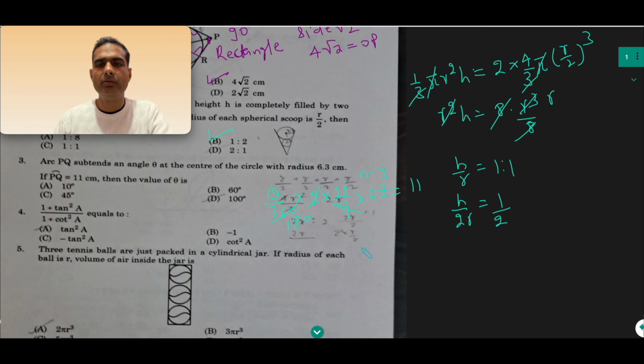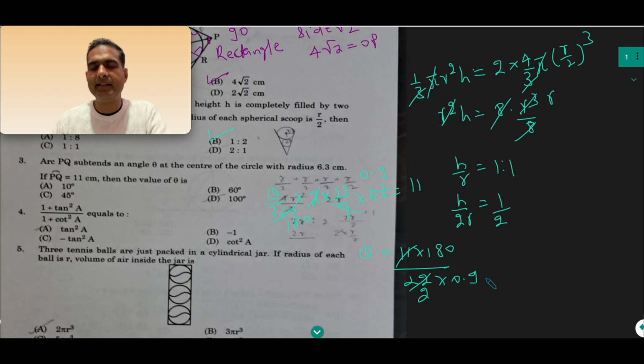So theta will be equal to, shifting everything to the right hand side, 11 into 180 over 22 into 0.9. We can cancel 11 with 22. 2 into 0.9 is 1.8 and 1.8 into 100 is 180. So theta will be 100 degrees. So option D will be our answer, 100 degrees.